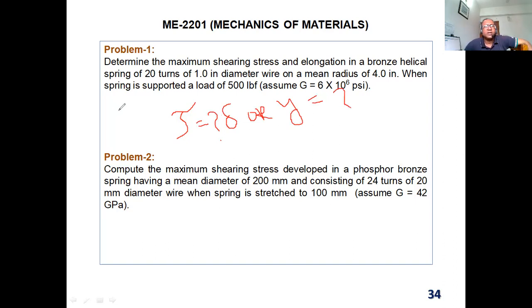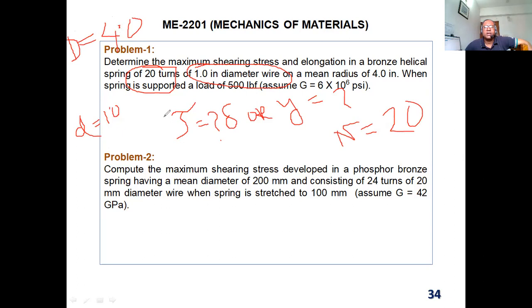In the bronze helical spring of 20 turns, that means N equal to 20. 1 inch diameter wire, that means small d equal to 1 inch. Then mean radius 4 inch, that means this big D equal to 4 inches.